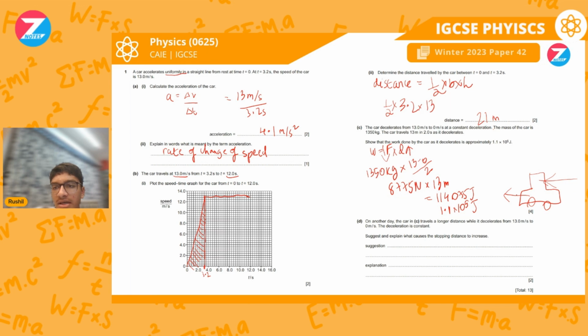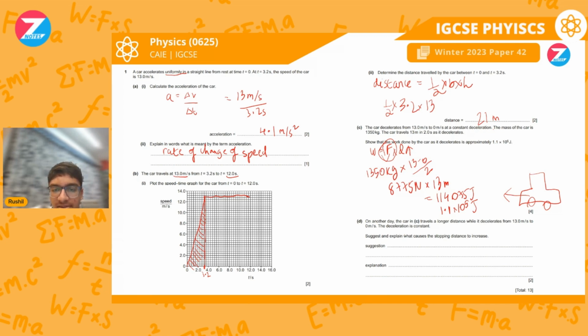So while the car's braking force might be constant, to decrease this value of force, it might be possible that the air resistance, the resistive forces, might decrease, which would lead to a greater braking distance.